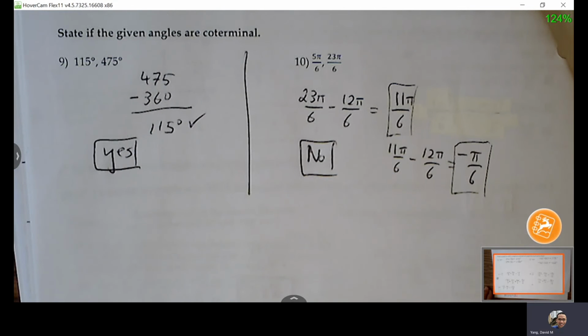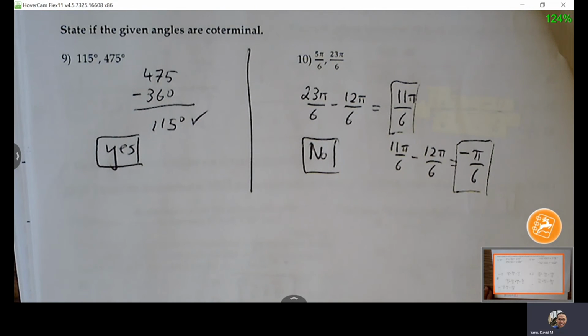Do we show our work, or can we do it on a calculator? The calculation can be in a calculator, but just show me that you're adding and subtracting 2 pi or 360 just so I know how you arrived at your answer. But you don't have to show me every calculation.